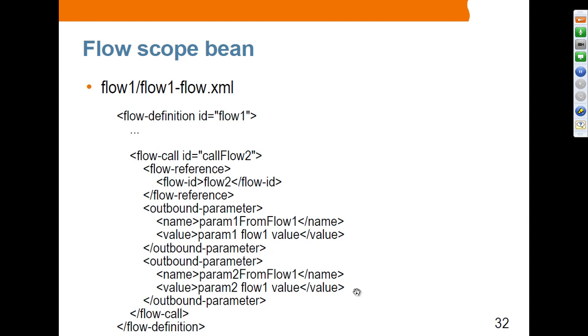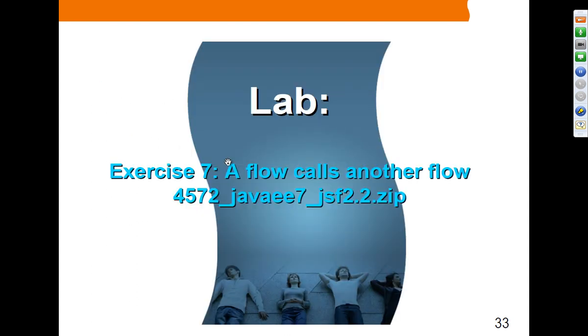So this is an example of a flow 1 flow definition. It's calling flow 2, and the flow ID is flow 2, and this is the outbound parameter, meaning these are the values that flow 1 wants to pass to flow 2. Okay, and flows also have input parameters. So in this case, flow 2 should have received those things as input parameters.